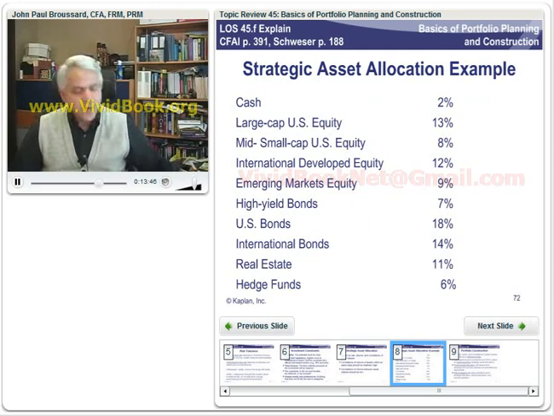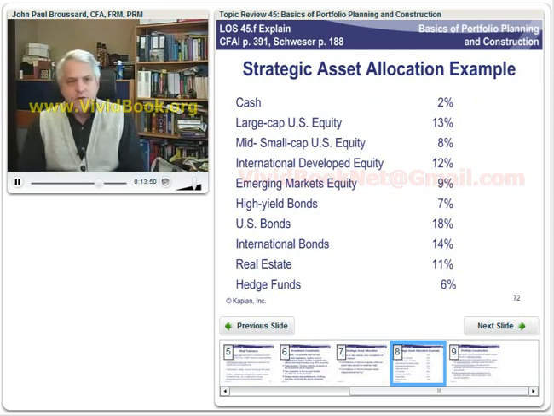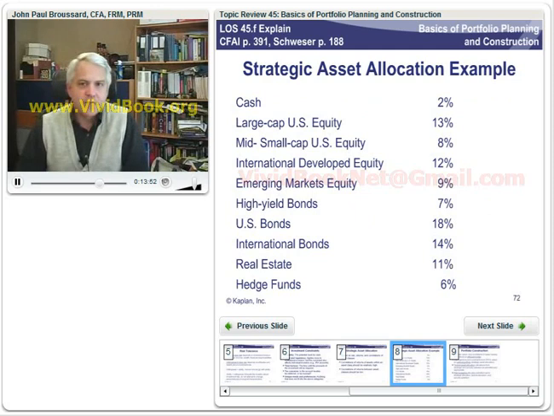Okay, here's an example of a strategic asset allocation, a structured, formalized statement about specifics of what we're going to invest in. Essentially, we have cash, and every allocation should have cash because we need access to liquidity sometime.